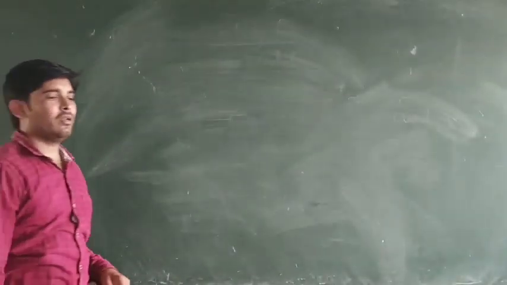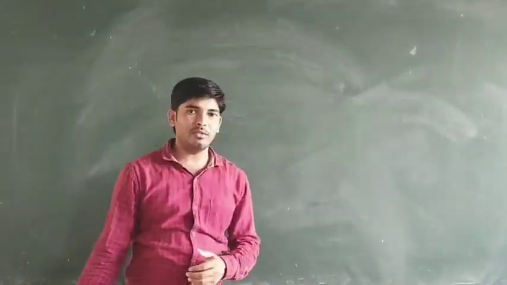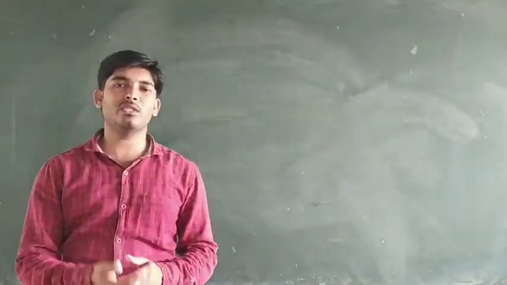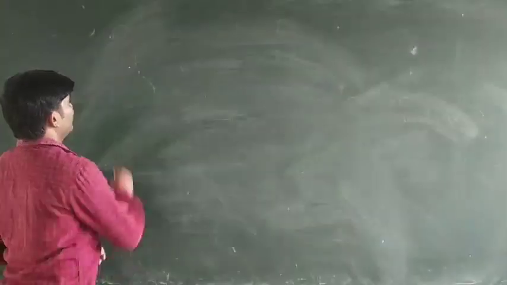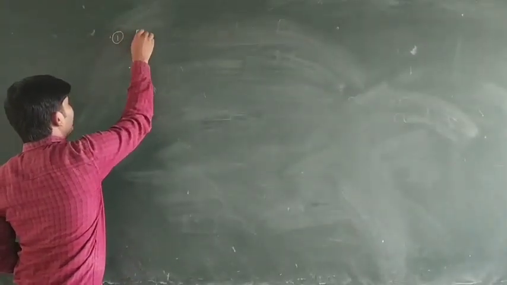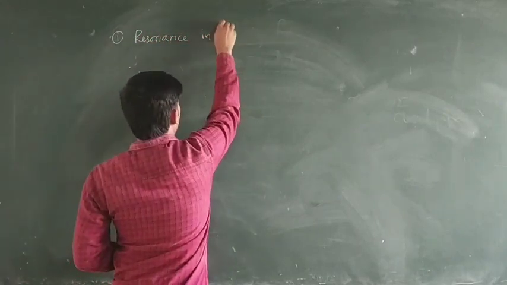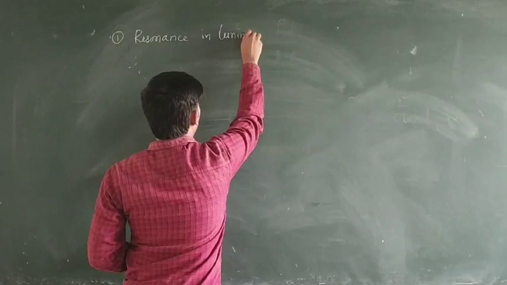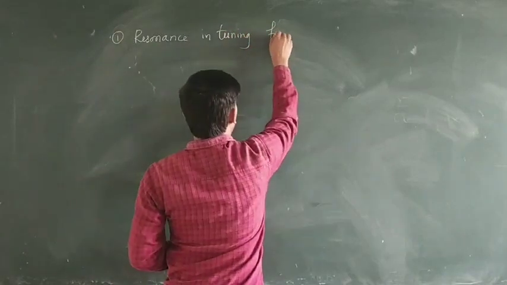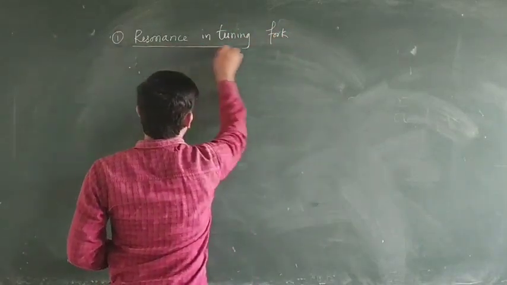Next we'll go to the next topic: examples which show how resonance takes place in our surroundings. The first one is resonance in tuning forks.